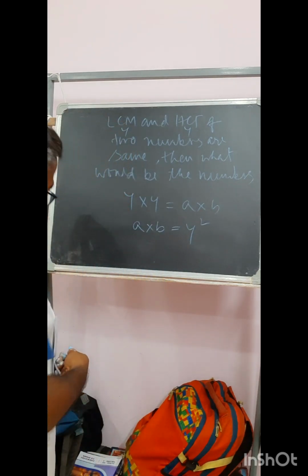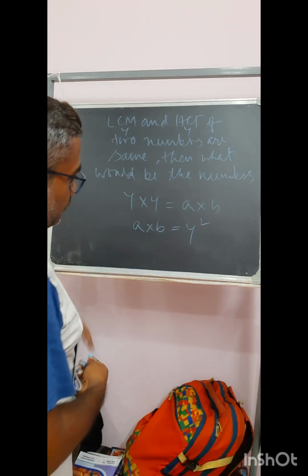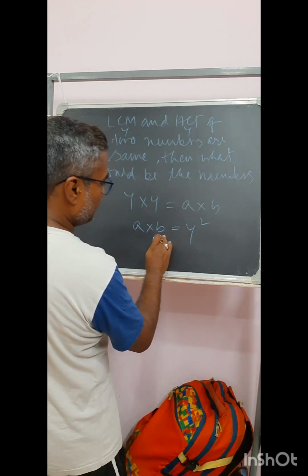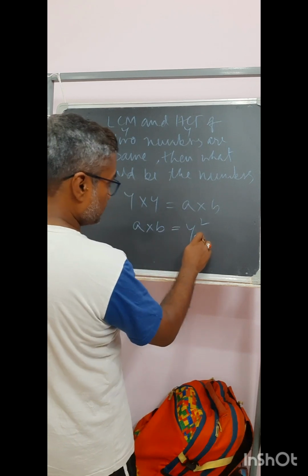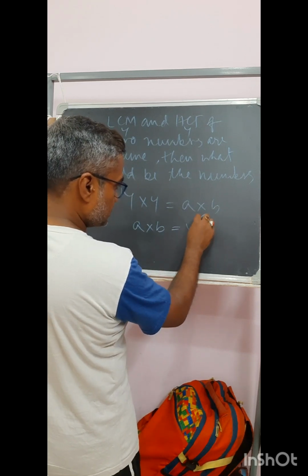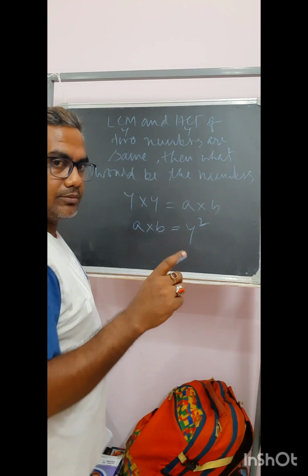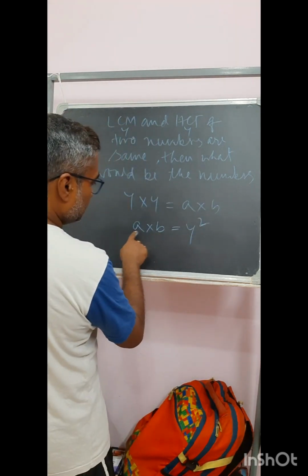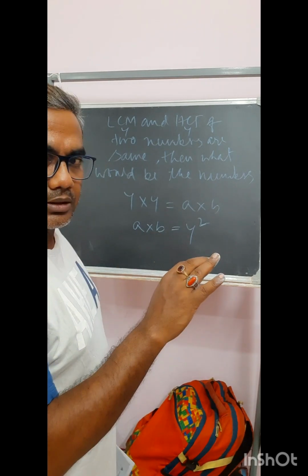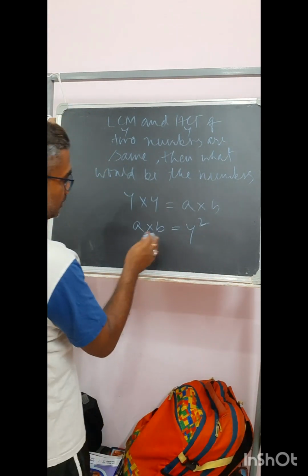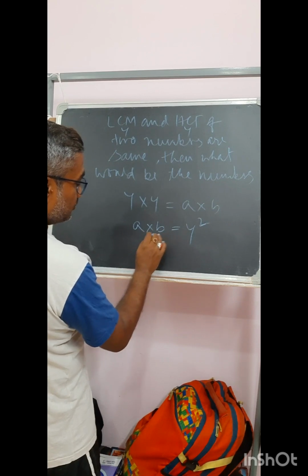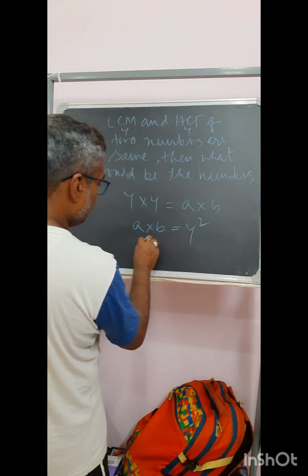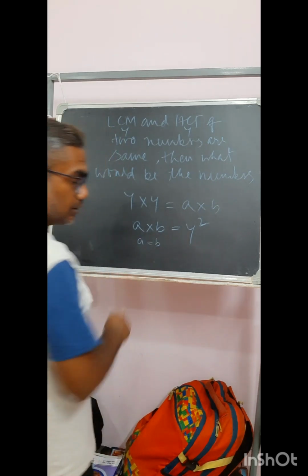So you can understand, if it is y square, then a and b values must be the same as y, because y square is achieved by multiplying y into y. Okay, so the numbers cannot be different numbers, rather a and b must be equal.